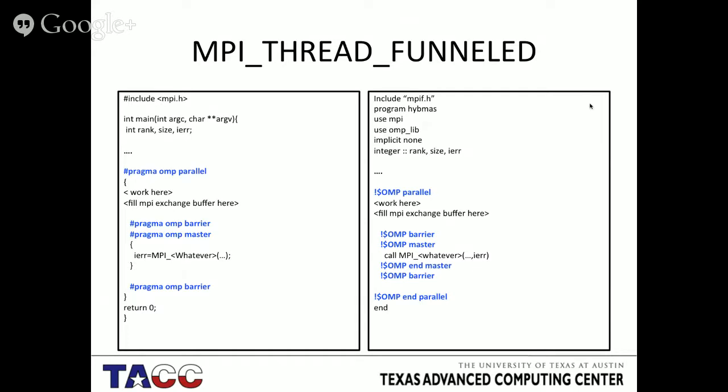Because you could imagine a case where I pack some buffer, I send it using the master thread to my neighbor. If I don't have an OpenMP barrier after that section, as soon as thread number 2 is through that section, and thread number 2 is through that section immediately because it doesn't participate in the MPI exchange, it can try to access the array.